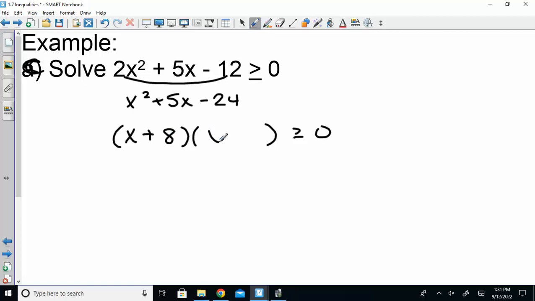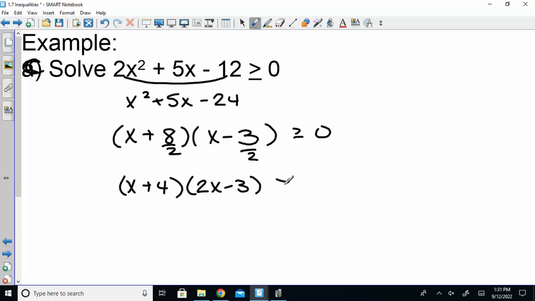We need +8 and -3. And then what do we have to do? Divide by 2. So 8 divided by 2 is 4. So when the 2 comes up, you get 2x minus 3.